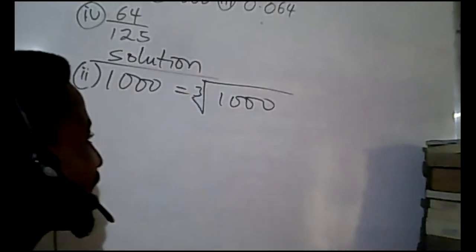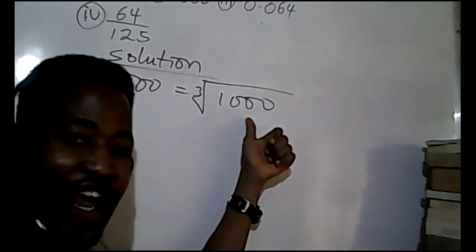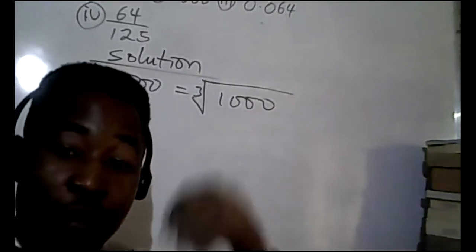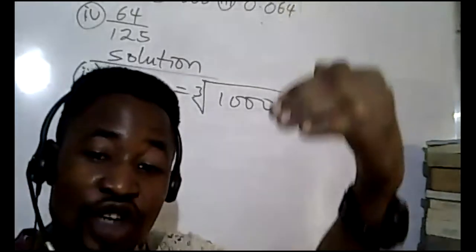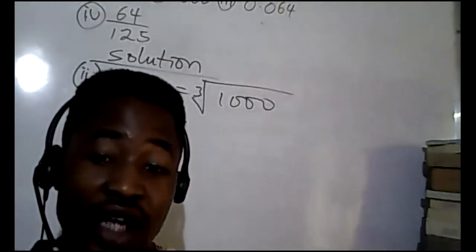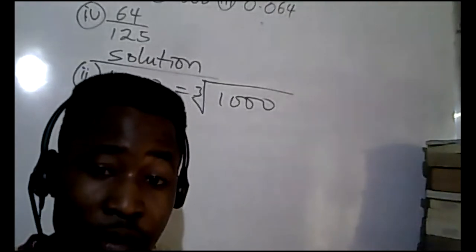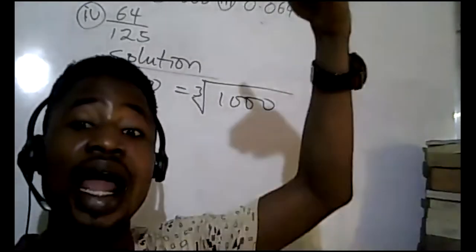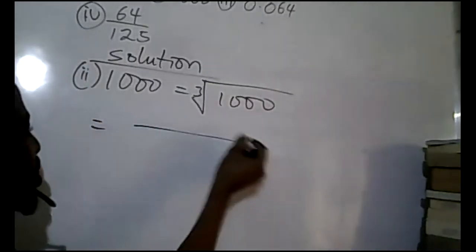Then the next thing is to express this 1,000 as a product of its prime factors. What do I mean by that? I'll explain again. It means divide the number through with prime numbers. Do not use any other number to divide except prime numbers. So come with me, let's do that together. It's quite easy, so let's go on.